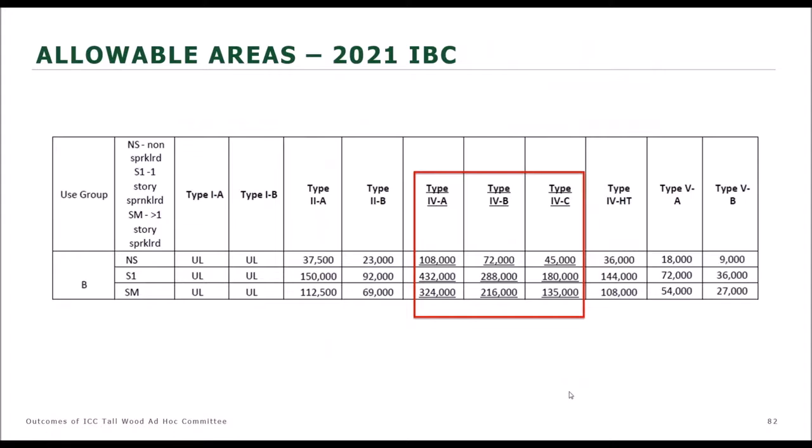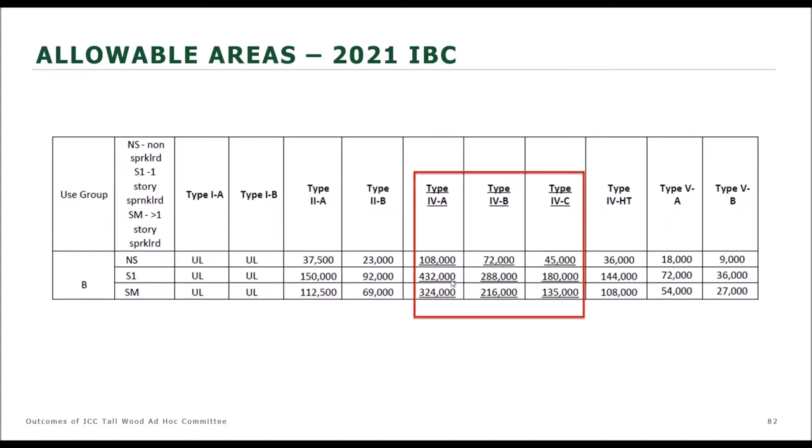Allowable areas are increased, but they're not unlimited areas, as in type 1. They're comparable to type 4 HT with a factor. The factor is considerable when you get over here with the high protection of type 4A. But I'll remind you that taking this row here, sprinklered multi-story, it's the most applicable row.